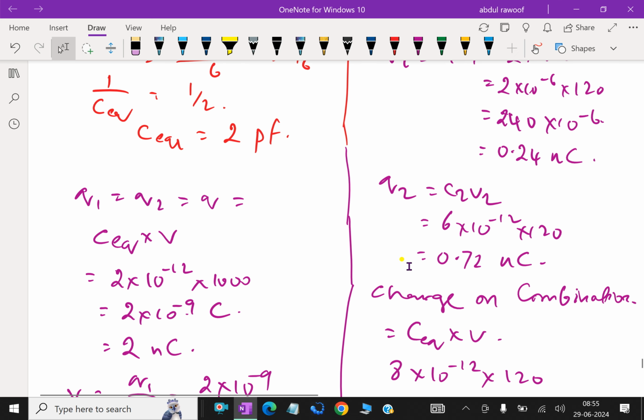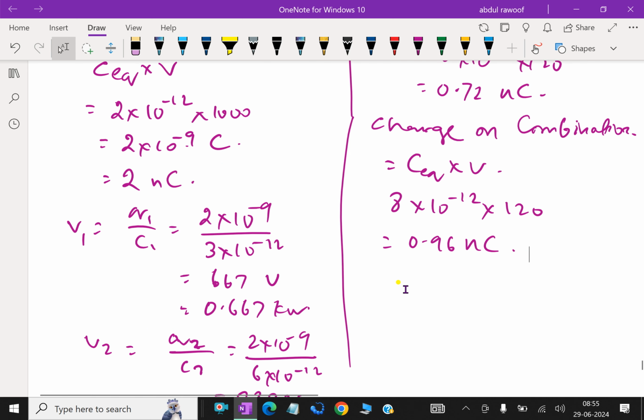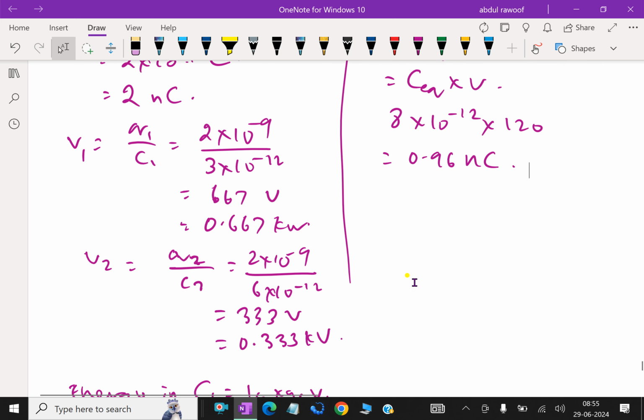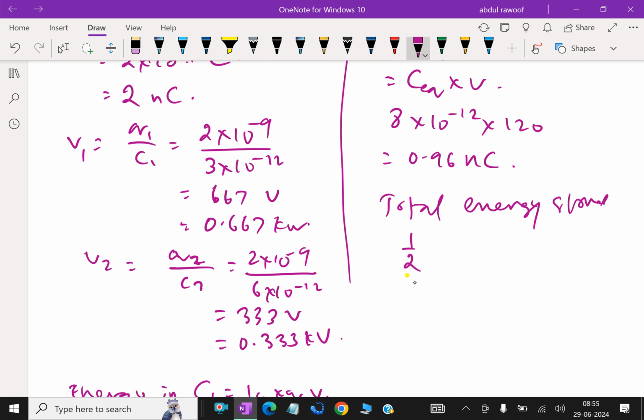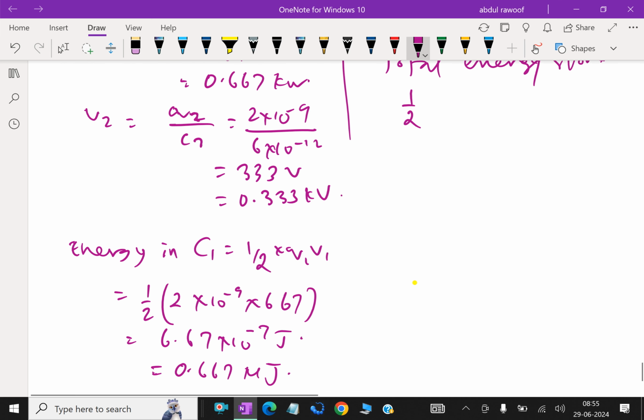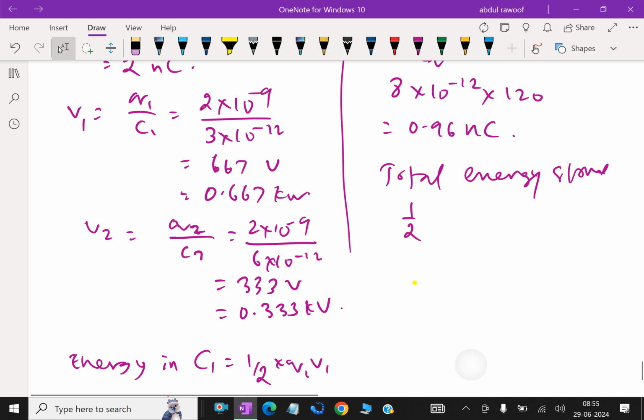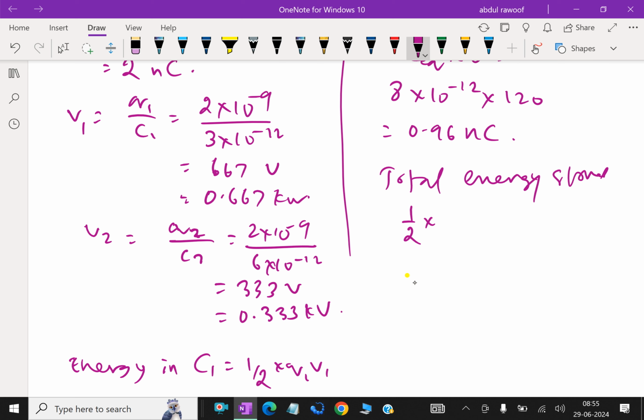Then total energy stored equals half Q equivalent into voltage.